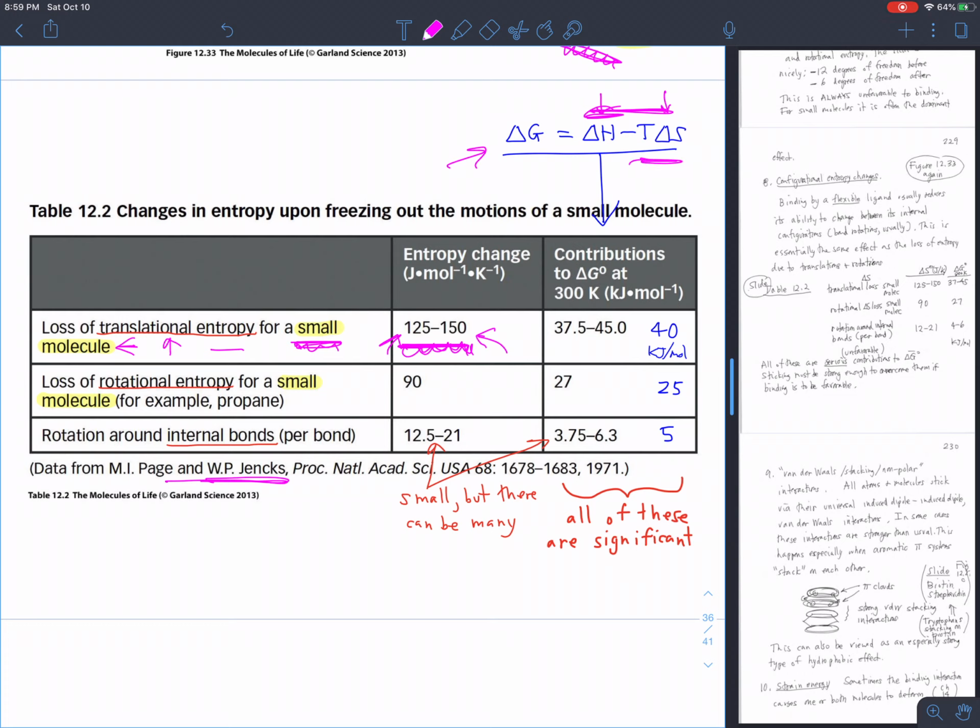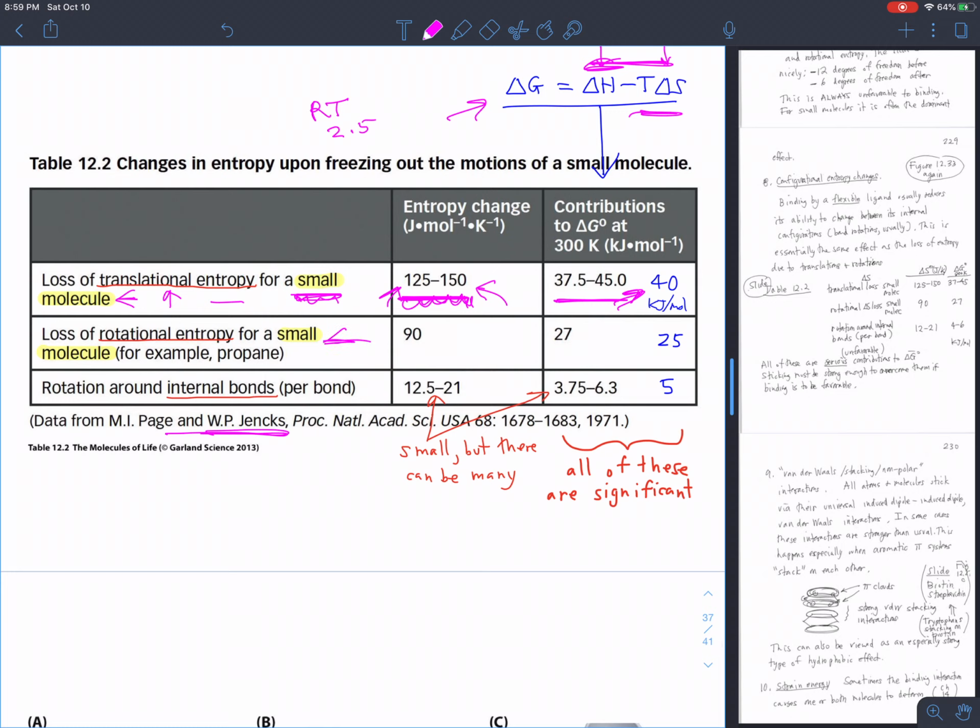So it's just the T delta S term, and that works out to be roughly 40 kilojoules per mole. Not a small contribution. It's way bigger than RT, right? RT is only 2.5 kilojoules per mole. This is much bigger than that, so it's enough to cause pretty strong binding all by itself.